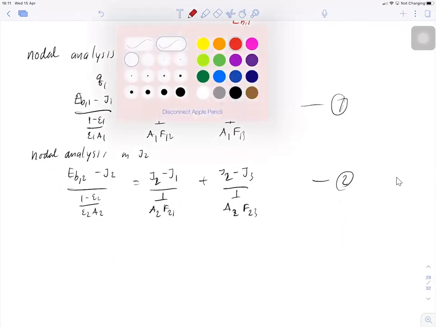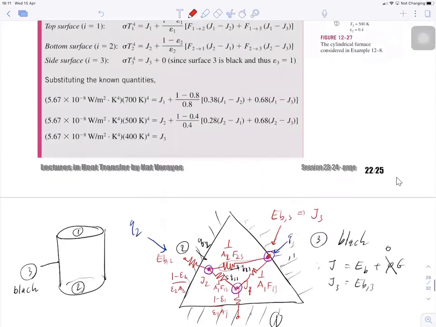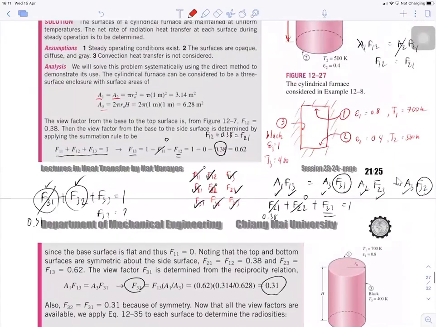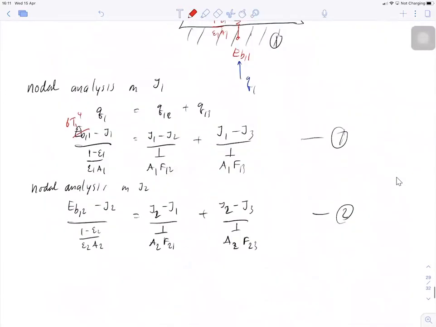Before going to the third surface, let's take a look at what we know. EB1 over here is sigma T1 to the 4th. You already know sigma is a constant. T1 is 700 degrees Kelvin, T2 is 500 degrees Kelvin. Epsilon 1 you already know, and A1 you can find.